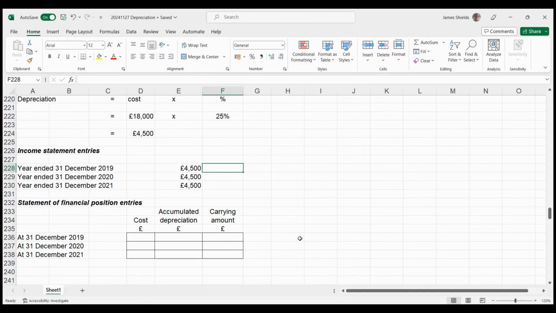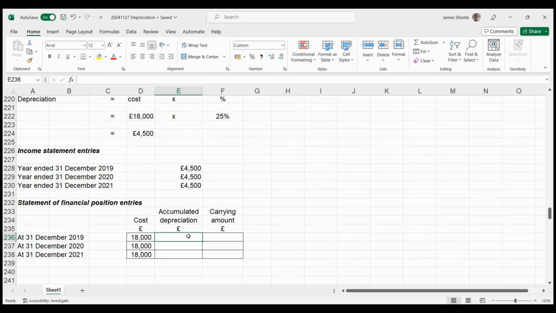So I want the cost. The cost we were told was £18,000, and that will not change. So that's the same for each of the 3 years. Accumulated depreciation. At the 31st December 2019, we had £4,500.